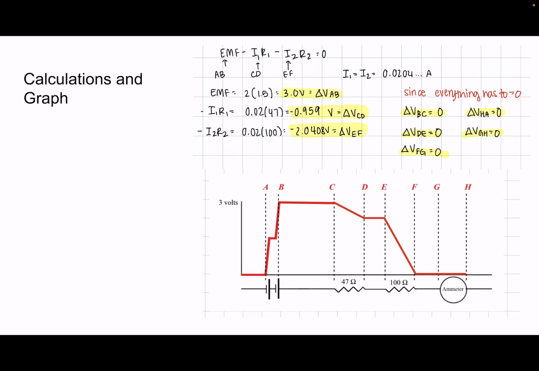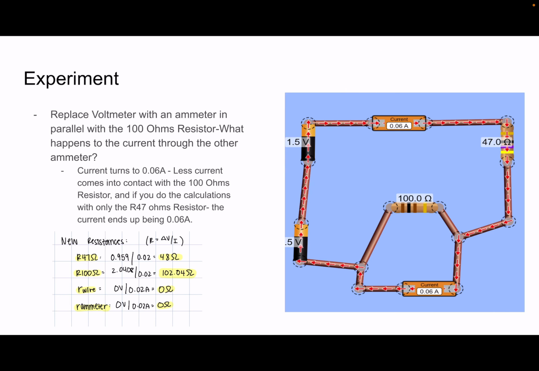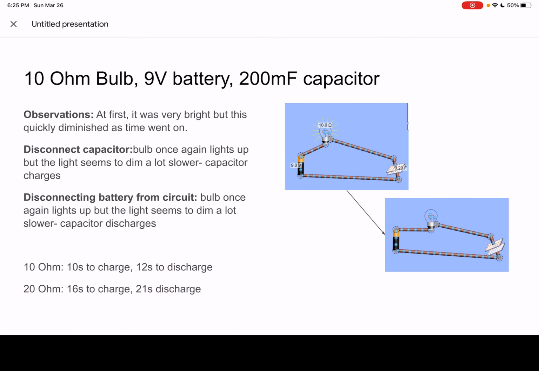And so at the bottom is my graph. For the experiment, we then replaced the voltmeter with an ammeter in parallel with the 100 ohm resistor, and what happens to the current through the other ammeter is that the current turns to 0.06 A, which is less current, as less current comes into contact with the 100 ohm resistor.